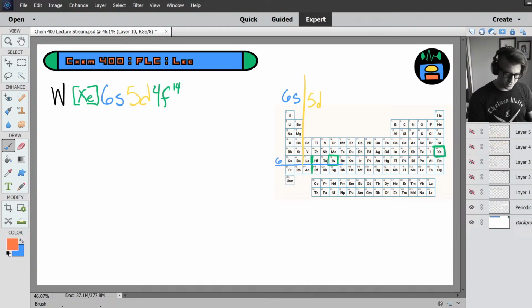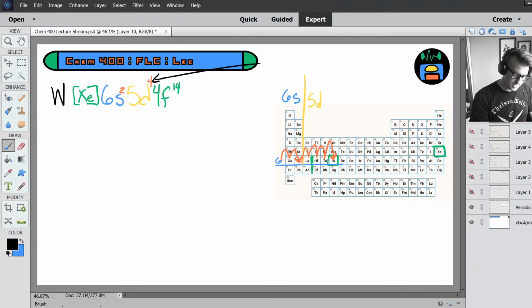Now let's count our electrons. We go 2 spaces into the s block, so 6s2. And then we go 1, 2, 3, 4 spaces in, 5d4. And this right here is the giveaway. We have 4 parallel spins, so we need to promote 1 electron from the 6s orbital. You can correct it right now if you're that type of person.